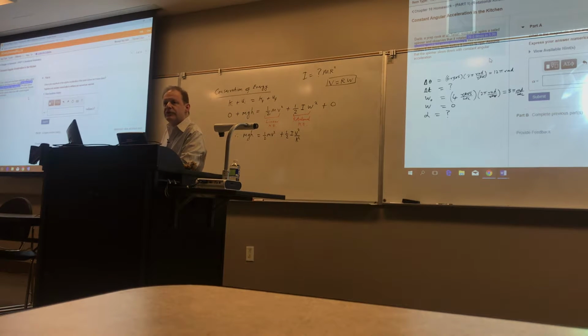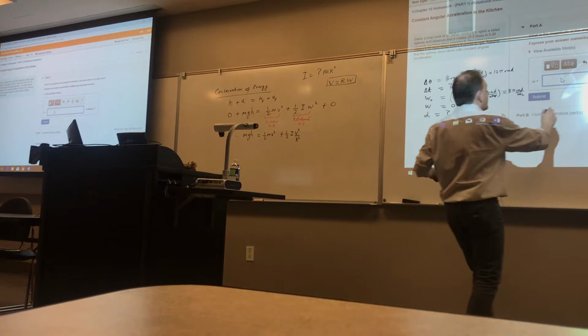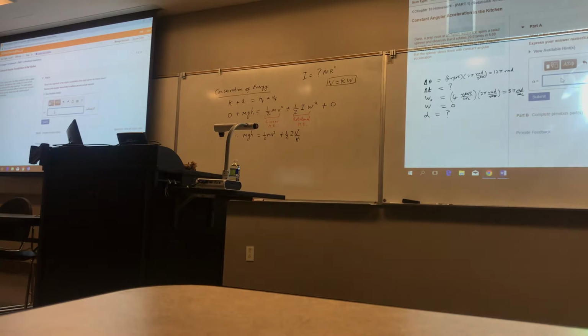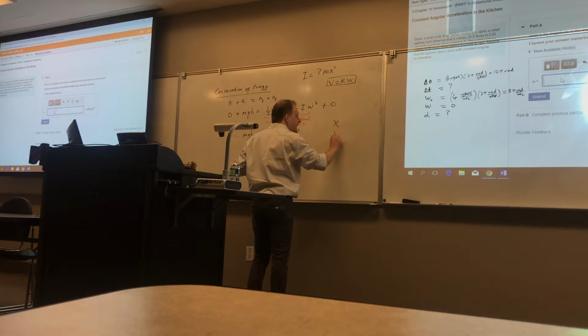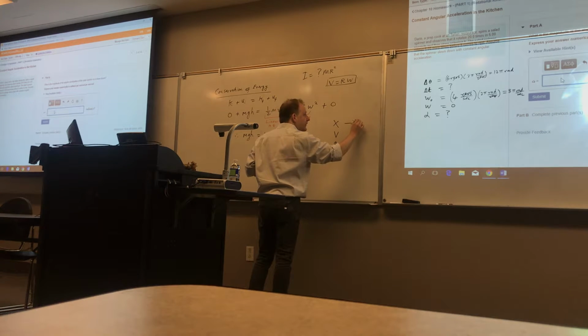So which equation do you think we should use for alpha? Omega squared equals omega naught squared plus 2 alpha delta theta. I'm using that as the analogy from the linear. So you have to be able to go from the x, v, and a to theta, omega and alpha.